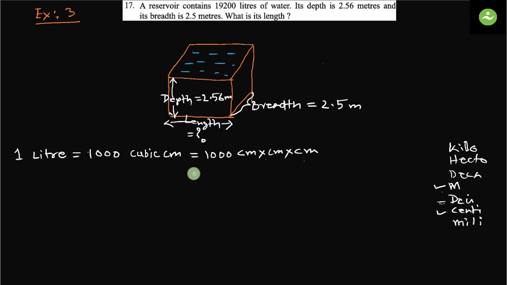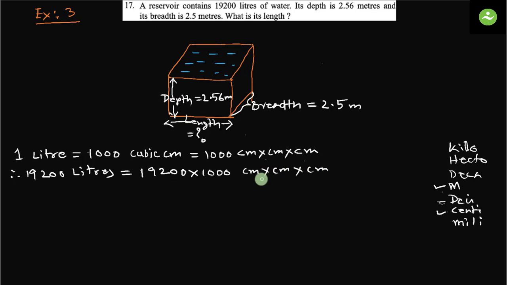So total water was 19,200 liters. Therefore, 19,200 liters equals 19,200 multiplied by 1000 centimeter into centimeter into centimeter.